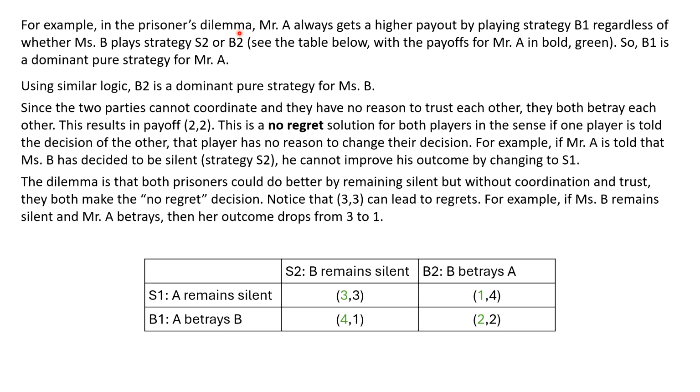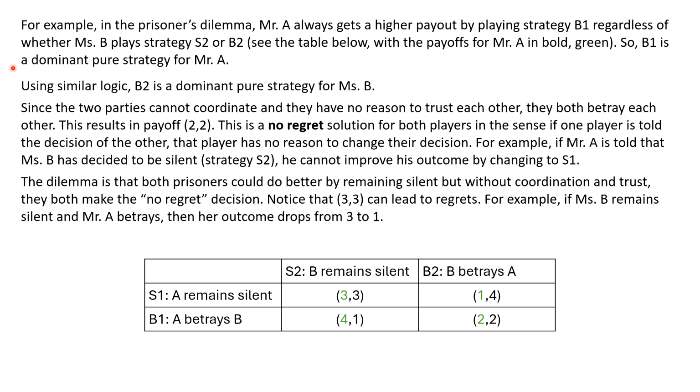In the prisoner's dilemma, which we've repeated again down here, Mr. A always gets a higher payout by playing strategy B1. We see that 4 is greater than 3, 2 is greater than 1, regardless of whether Ms. B plays strategy S2 or B2.